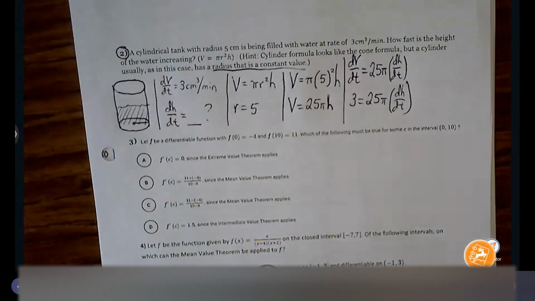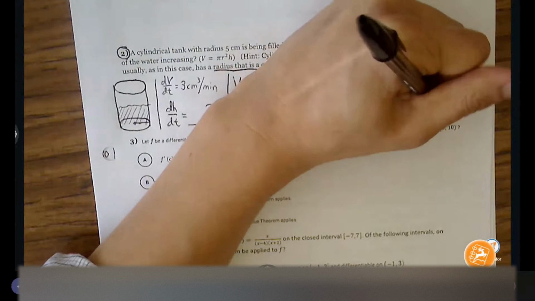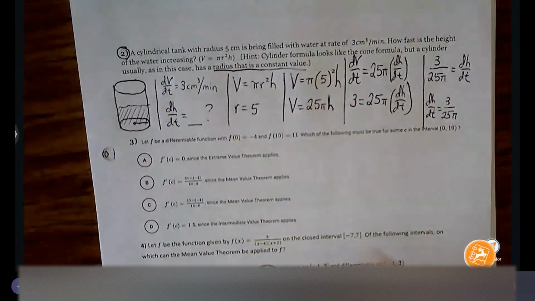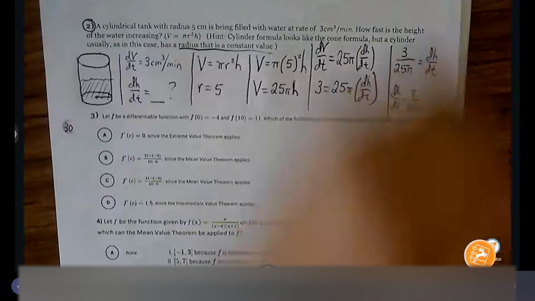Okay, divide both sides by 25 pi. Careful though, we do need to keep the pi in the denominator. We can't just move it up. It's going to have to stay in the denominator at the end of the problem. Our units of measure is centimeters per minute.